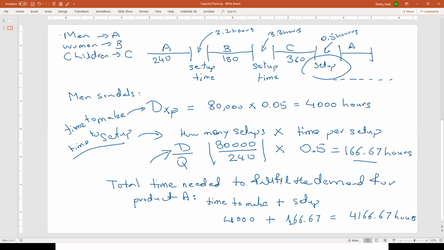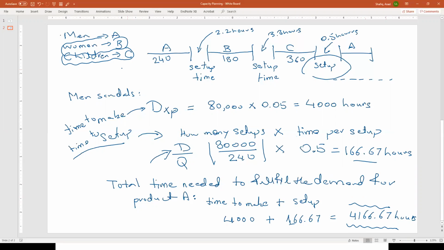Now, essentially what we have done is found out that in order to fulfill the demand for product A, we need a total of 4166.67 hours. We need to do the same thing for our second product and for our third product.